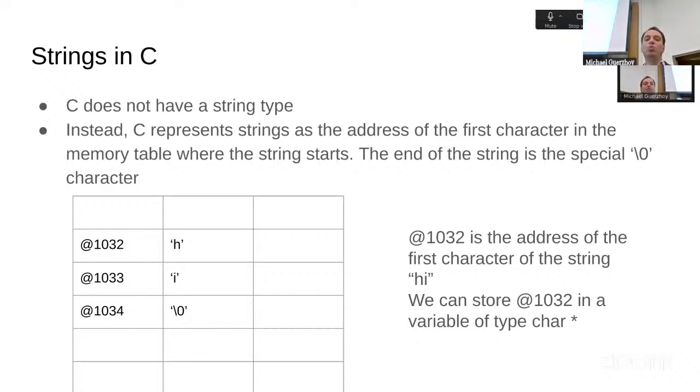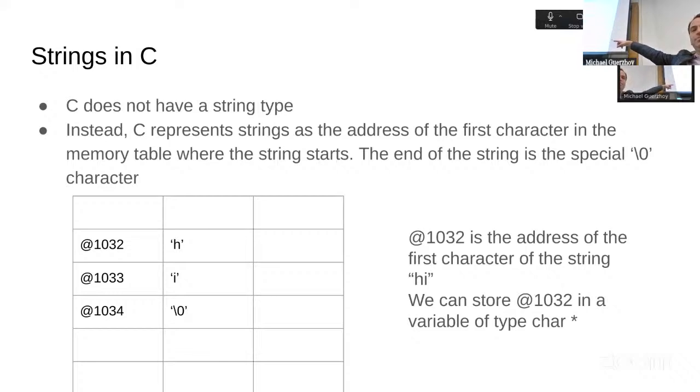Instead, C just puts a bunch of characters in memory, and then it has a special null character that indicates that the string is over. So the way you would represent the string hi is you would say, I have those characters starting from address, for example, 1032, and then the string is all the characters up to the special null character.